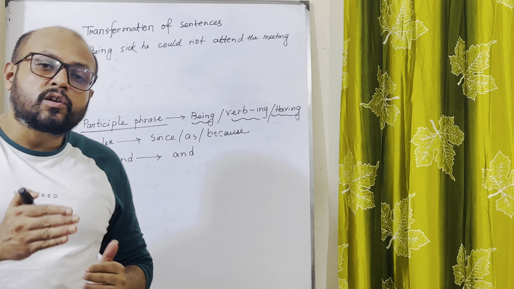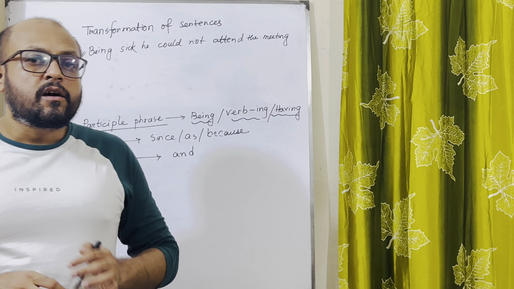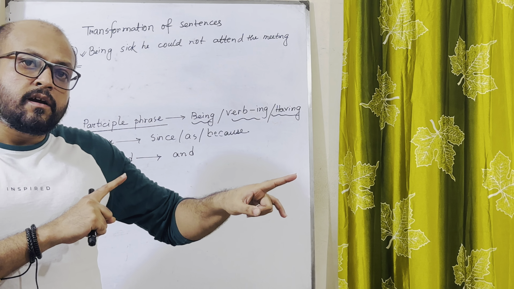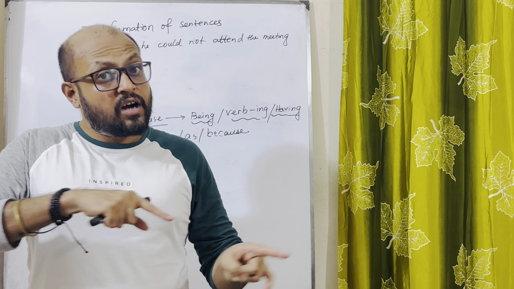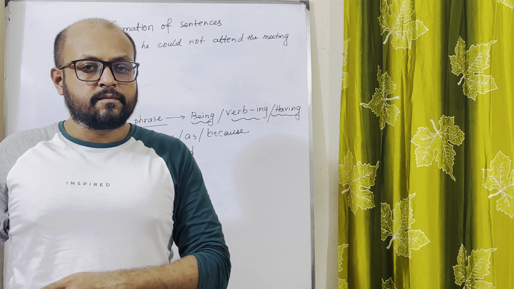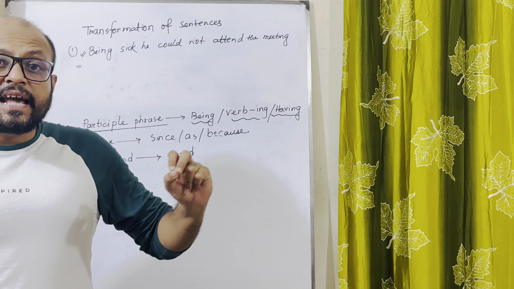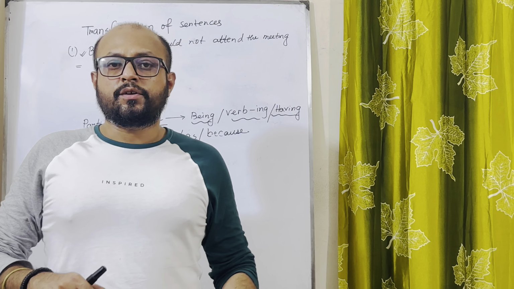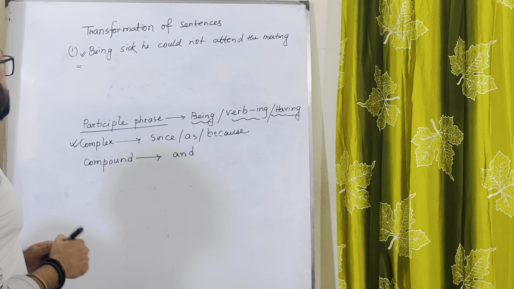These clause markers are the only way to decide which simple sentence will take which clause marker and how you can turn them into complex sentences. So if you can remember the clause markers, it will be very easy for you to change them.